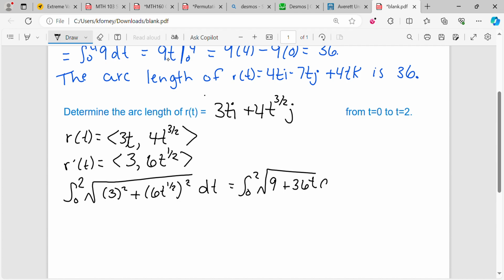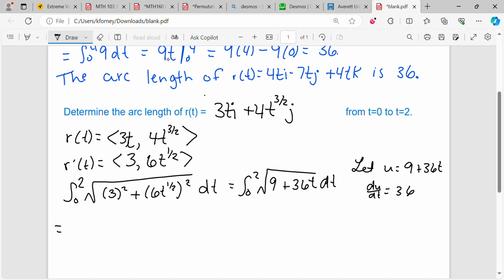And so now we want to use our u substitution. So we can say let u equal 9 plus 36t. Then I know du dt is 36. So that's the derivative here.